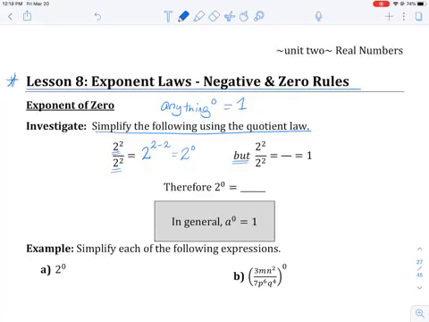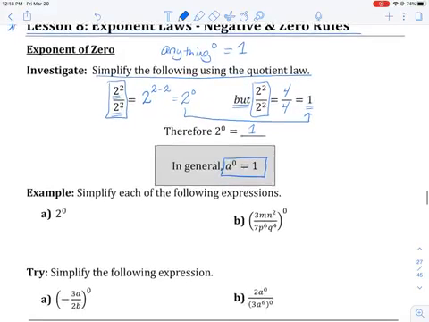But we also know that 2 squared is equal to 4, and 4 divided by 4 is equal to 1. So if both of these things hold true, which they do, then 2 to the power of 0 has to equal 1. In general, we say that anything to the power of 0 is equal to 1.